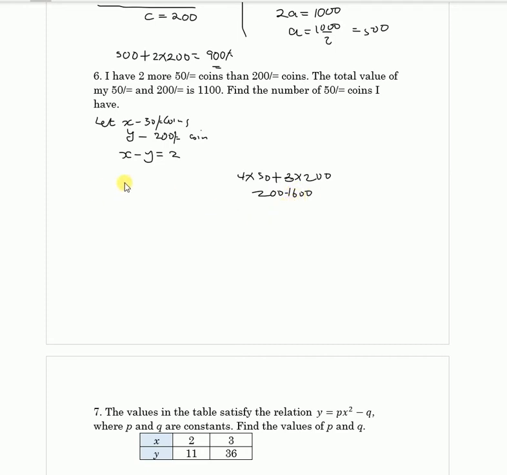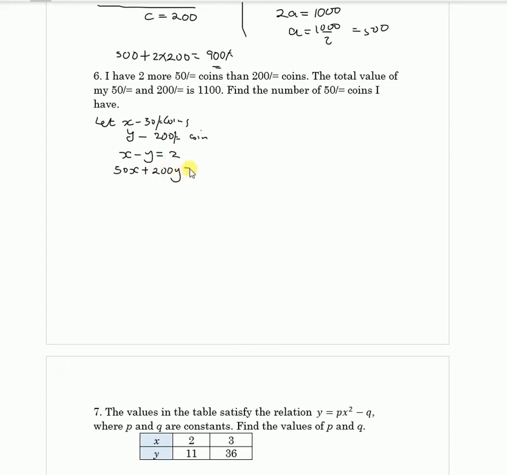So around here we shall have the total value. We shall have 50 times the number of 50 coins we have. We add on 200 times the number of 200 coins I have.